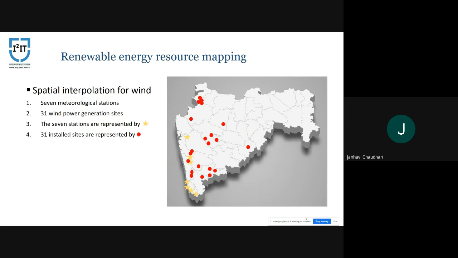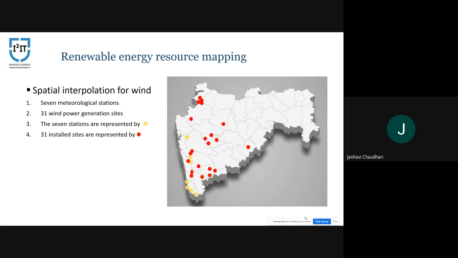Renewable energy resource mapping. The distribution of wind power and solar insolation is estimated for the state. The wind power density is estimated using a spatial interpolation technique, kriging interpolation. 7 stations are identified where actual measurement of wind power is done.